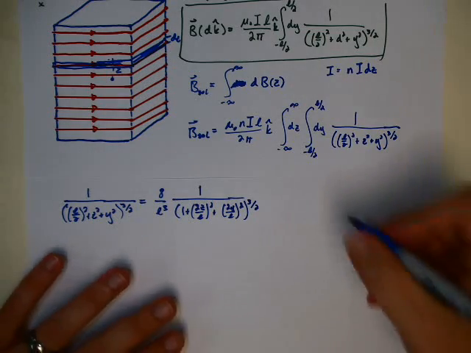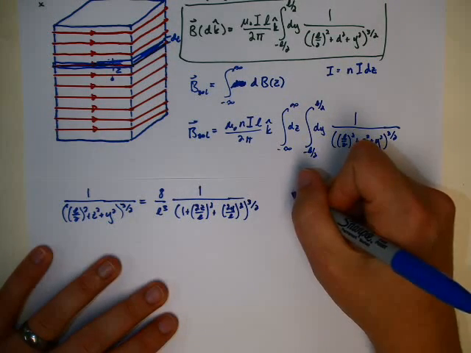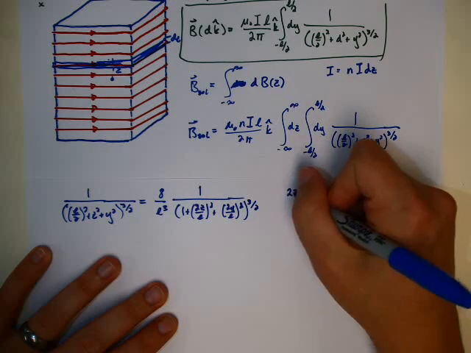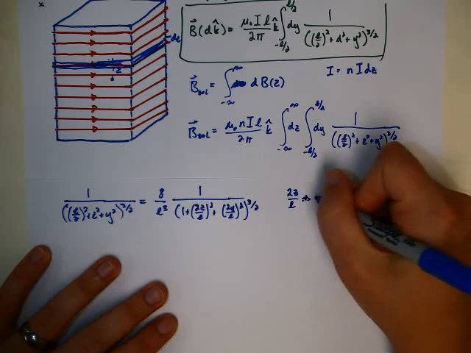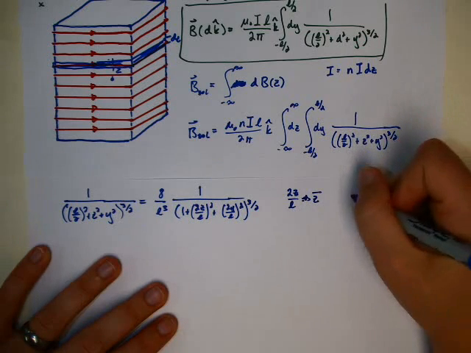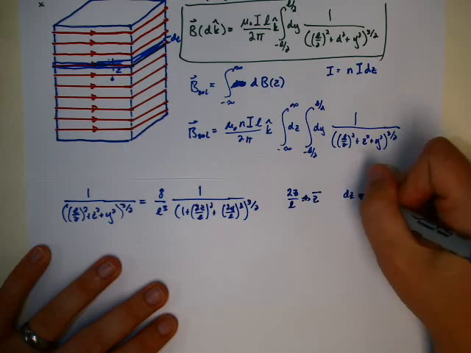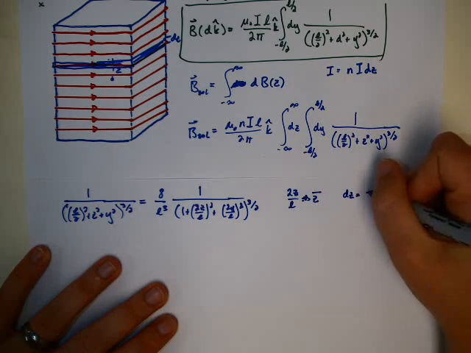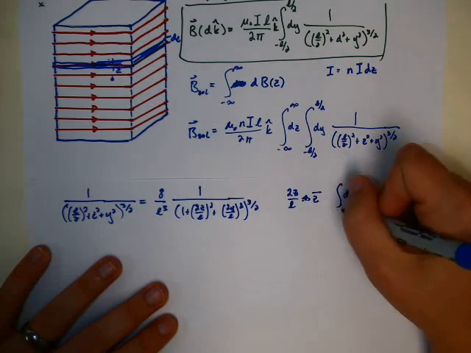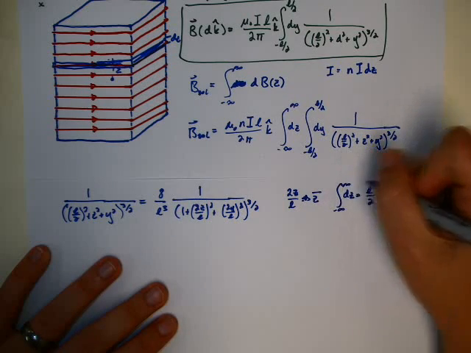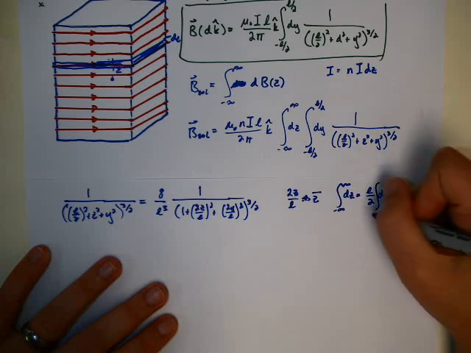And now I'm going to do two changes of variables. I'm going to let 2z over L go to z bar, then dz goes to L over 2 times dz bar, and my limits from negative infinity to infinity don't change, of course.